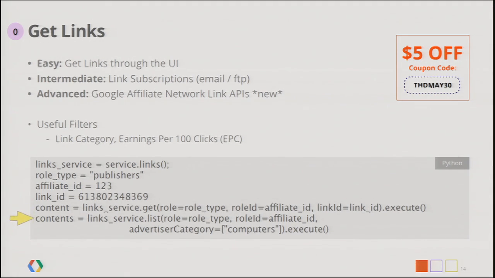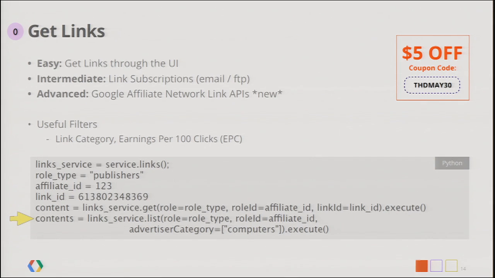We provide a query interface called list, which you can use to refine your queries based on a bunch of filters. All these filters are located inside of our documentation at developers.google.com. For this case, we are looking for advertisers in the category computers, and then you can get all the links from those advertisers and figure out what to do from there.